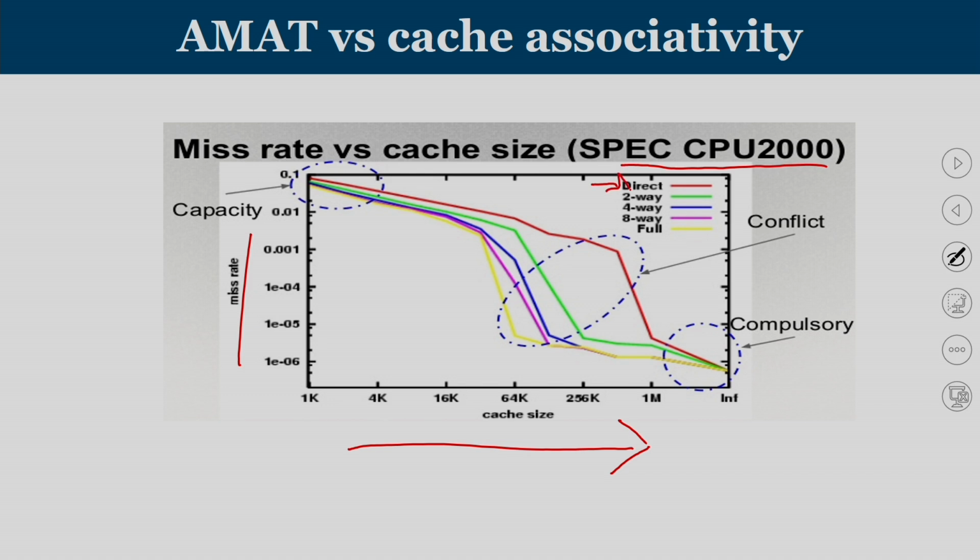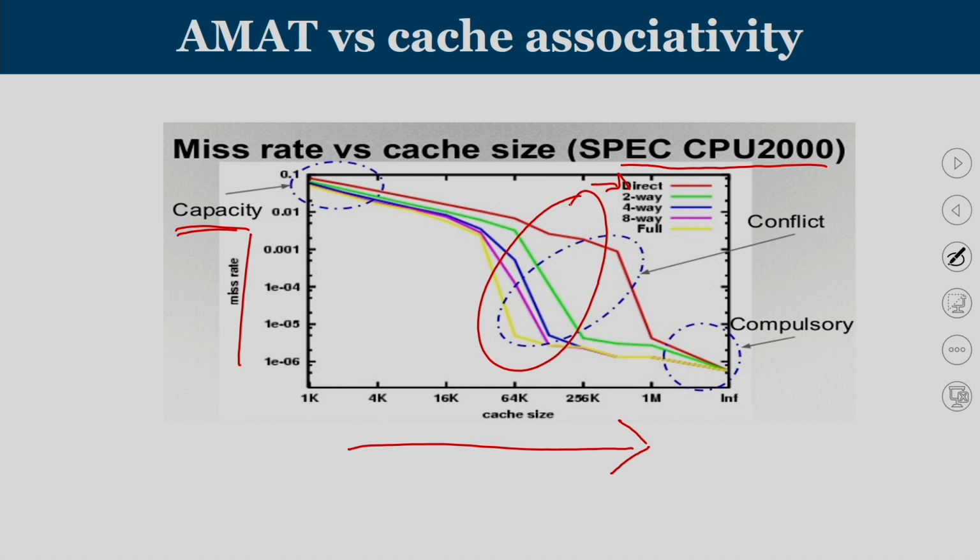We can see that when the cache is very small, the misses are going to be very high. That is typically what is known as capacity miss. Once we increase the cache size, misses will slowly come down. That means your capacity misses will reduce, and then you have something called conflict miss in this region, and then at the end you have something called compulsory miss.